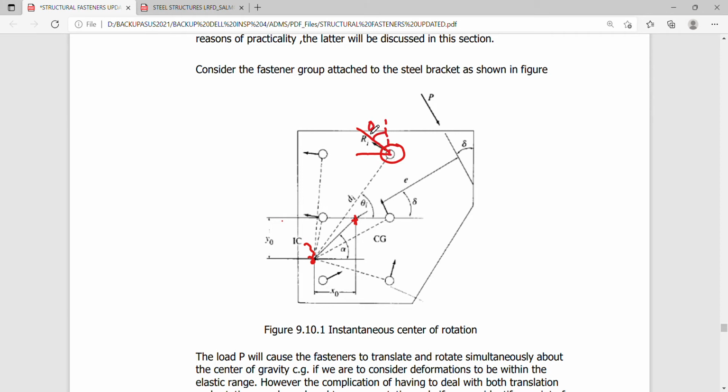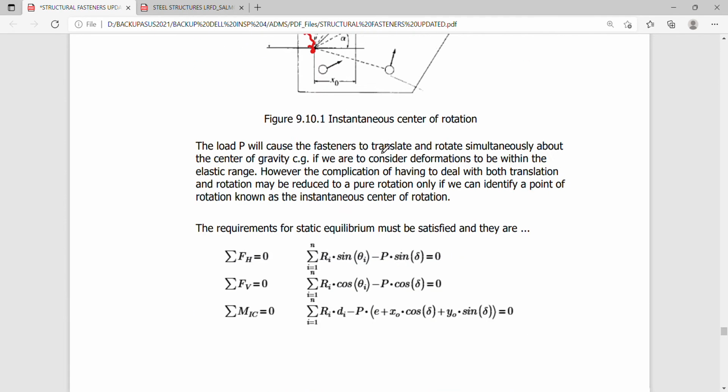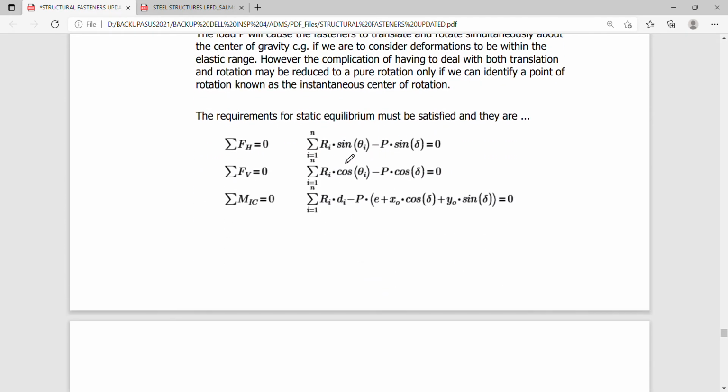That's why the horizontal component, which is this one, is a sine function of the angle theta i, and the vertical component will be a cosine function of the angle theta i.